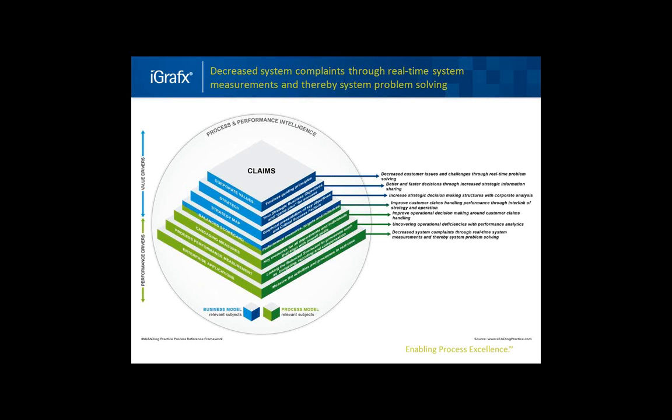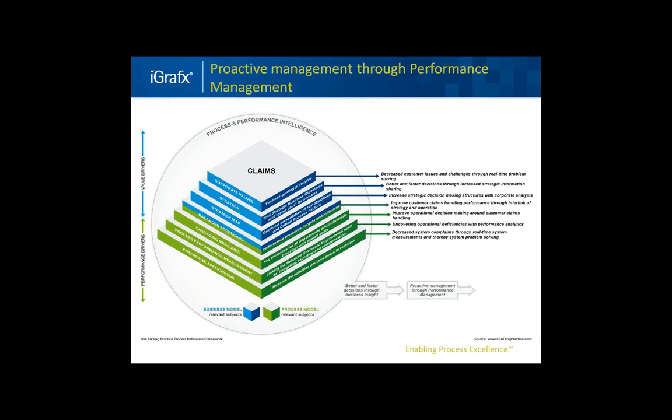We see it helps in three main things: better and faster decisions through business insight within the claim. Furthermore, proactive management through performance management, as well as continuous improvements, links between the value drivers and performance drivers, and through real-time process lifecycle management, that you actually can see and interact with what is happening, how can we do things better.